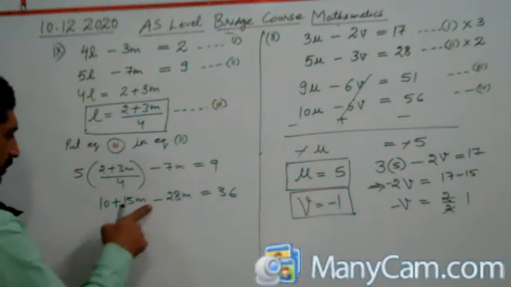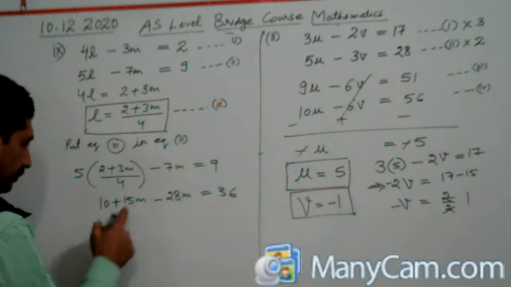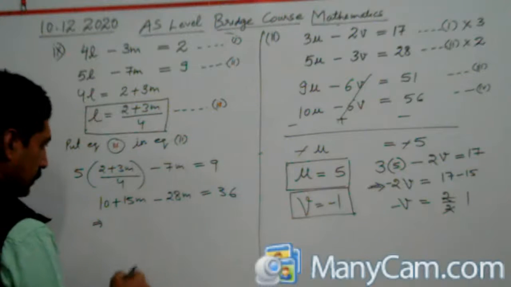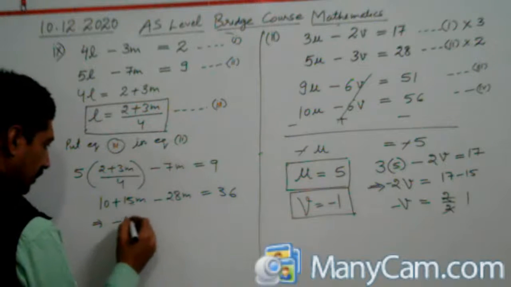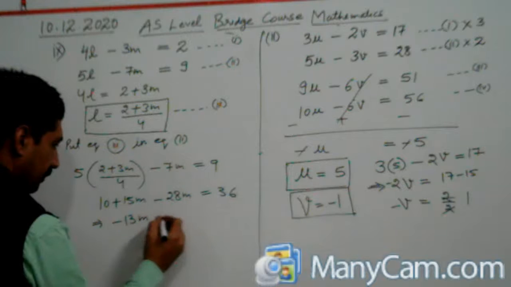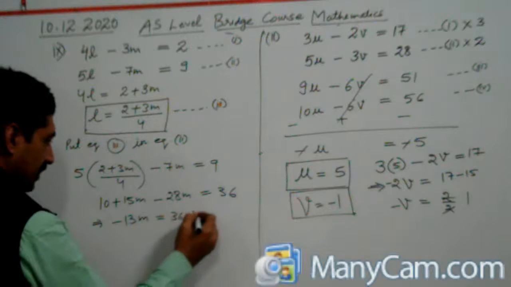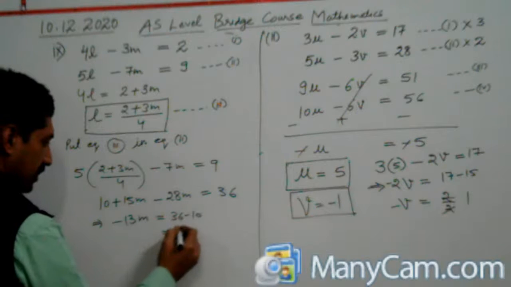So here when we subtract, 15 minus 28 gives minus 13. Minus 13m is equal to 36 minus 10, so it is 26.